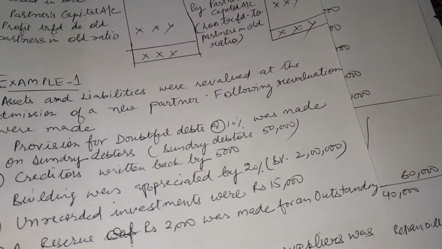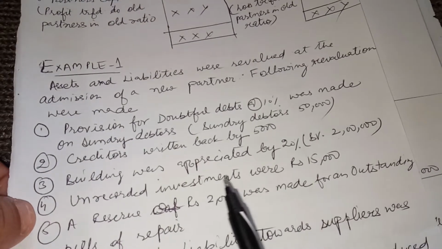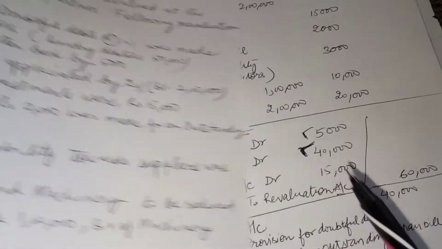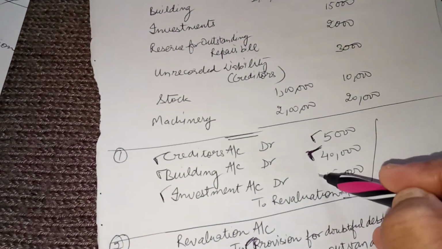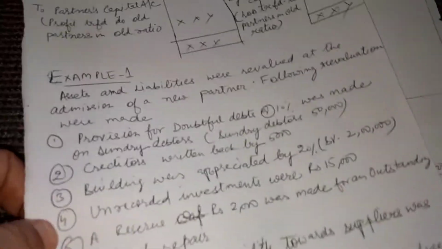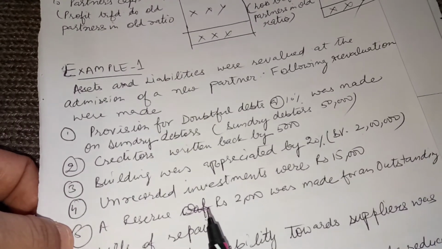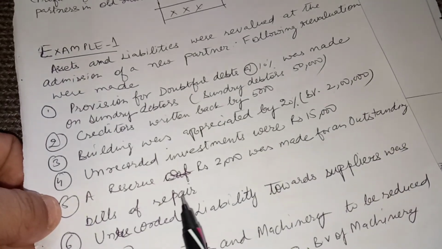And then unrecorded investments were 15,000. Now investments are your assets, so the investment account will be debited with 15,000. This will be here. And then the next one is a reserve of 2,000 was made for outstanding bills of repair.